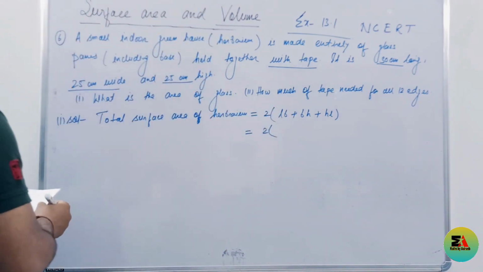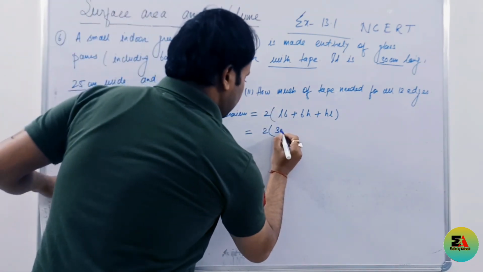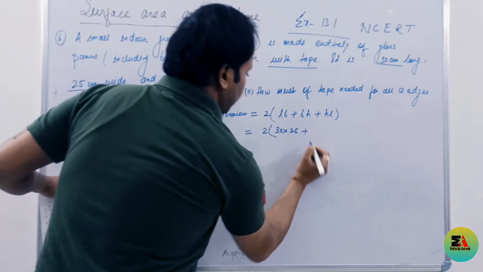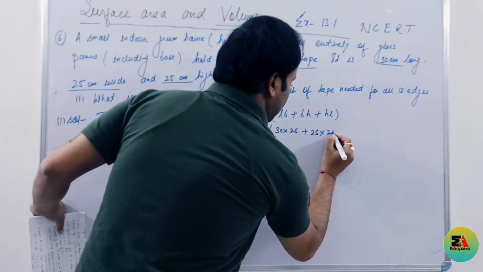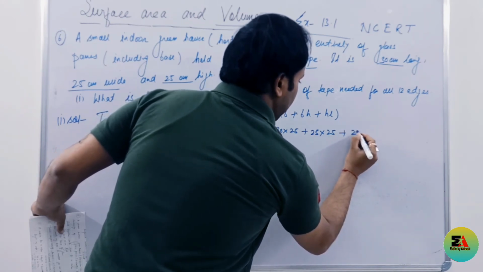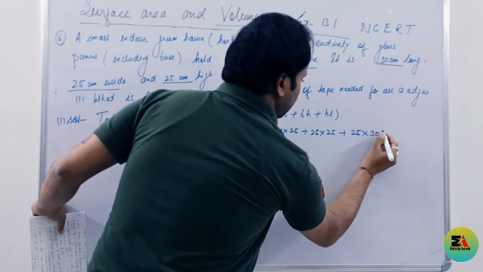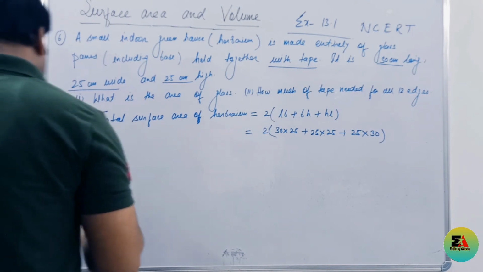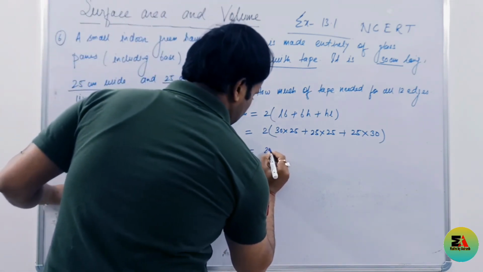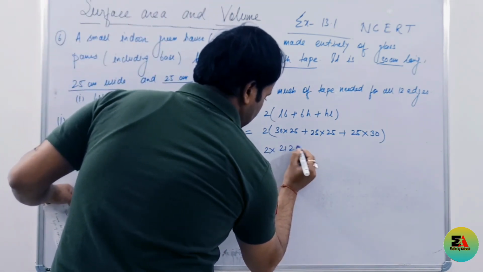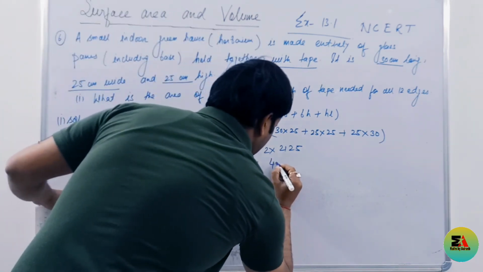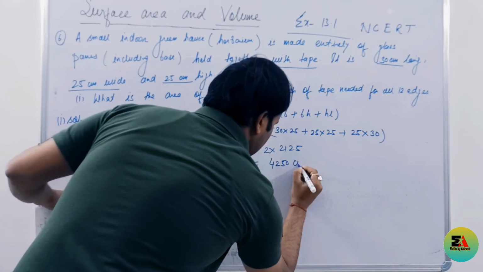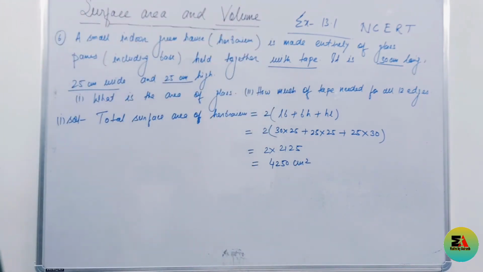Length is 30 centimeter, breadth is 25 centimeter, height is 25 centimeter. This one we calculated as 2125, multiplied, and we get 4250 centimeter square. This is the total surface area of the herbarium.